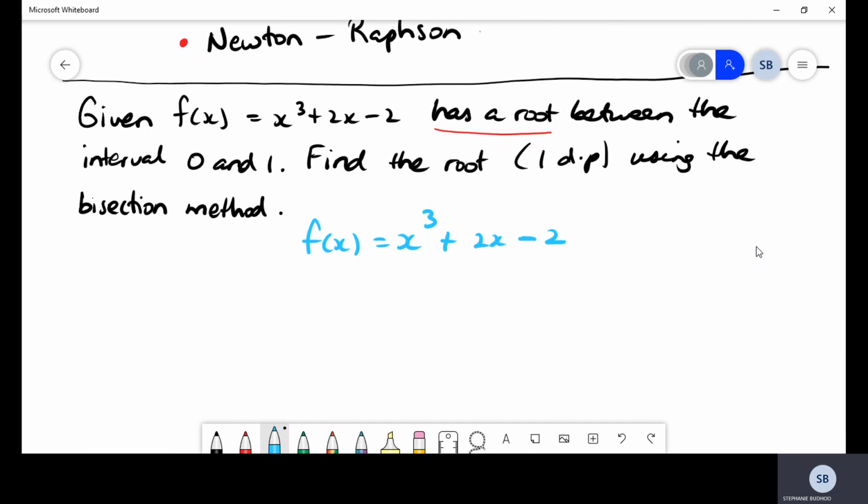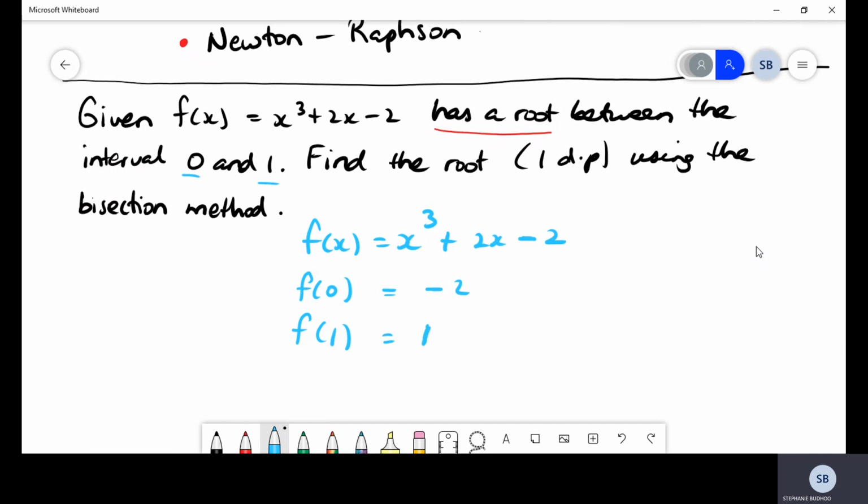Now, the first thing we want to do, similar to actually testing for roots, is we actually want to find the function values when you substitute these values of the intervals. So the first interval value 0, f of 0 will clearly give us -2. And if you were to find f of 1, which is the other value for the interval, you'll get 1 cubed plus 2, that's 3, subtract 2, that's 1.